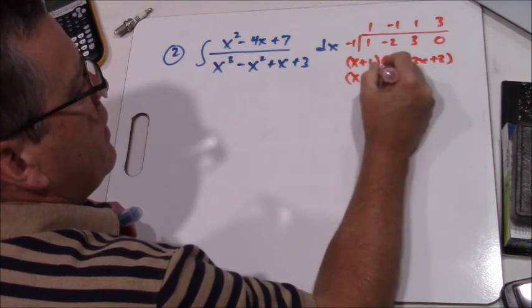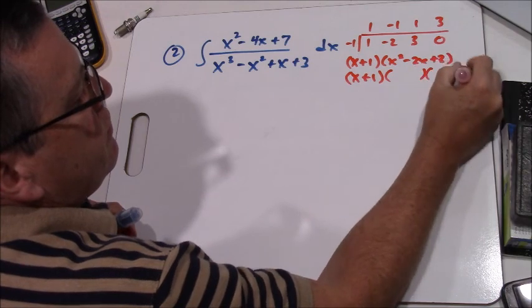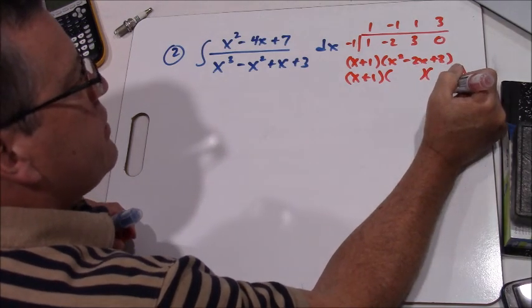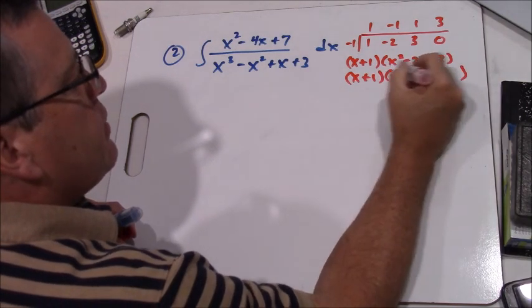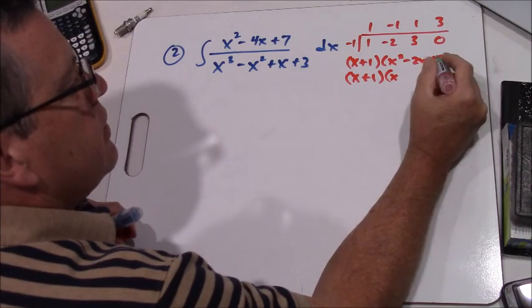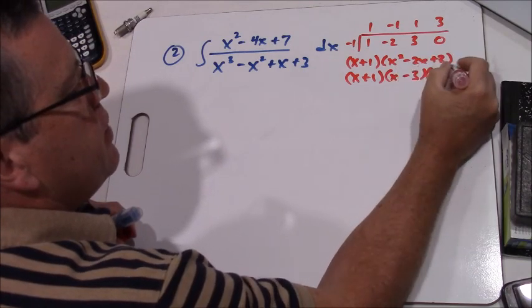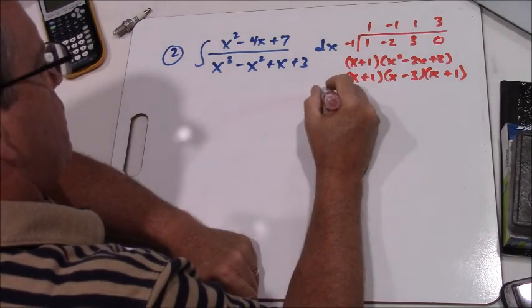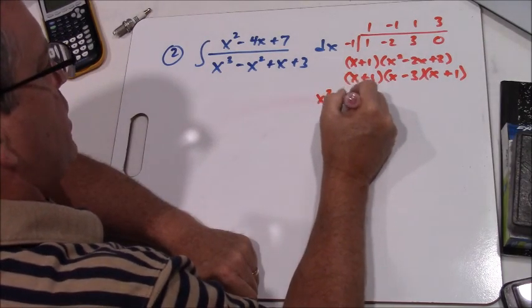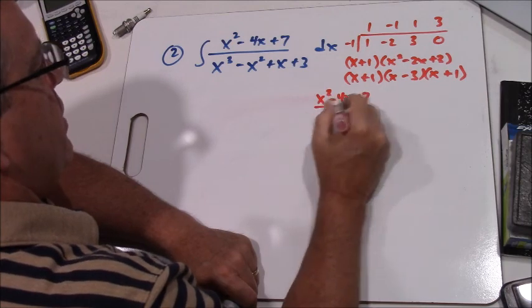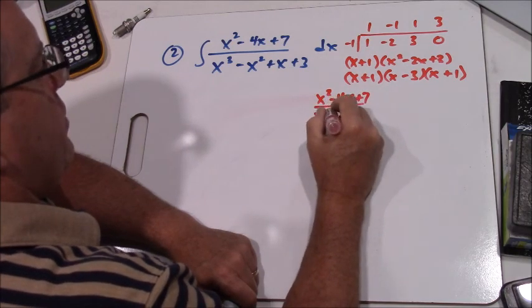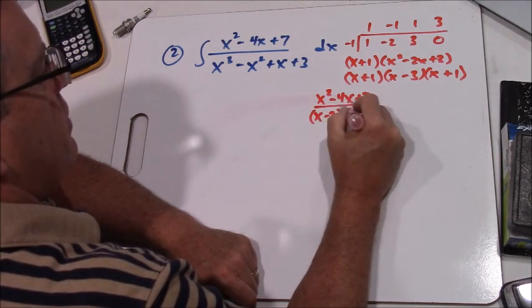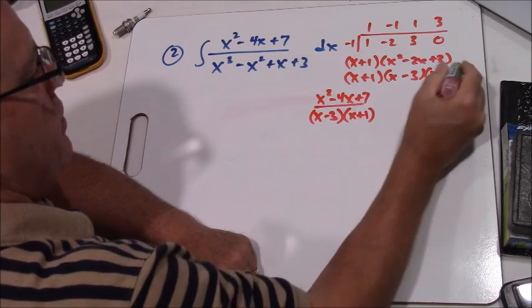So if I factor that, I've got x times x. This will have to be a -3 times a +1. So what I have here is x squared minus 4x plus 7 over x minus 3 times x plus 1 squared.